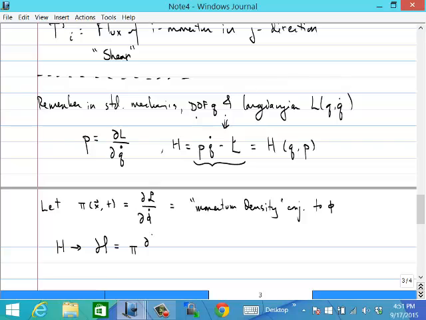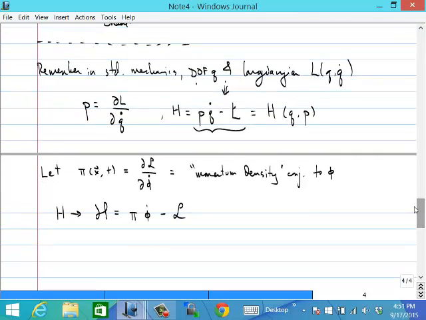That's pi times phi dot minus L, the Lagrangian density, and the total Hamiltonian, so the total energy, will be the integral of that d3x.